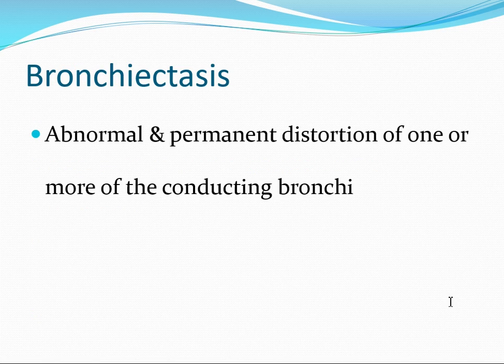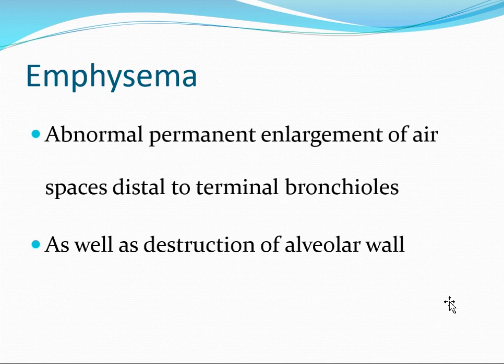Then comes another important disease, that is bronchiectasis, abnormal and permanent distortion of one or more of the conducting bronchi. So this is something which is concerned with the bronchi. Then comes emphysema. Emphysema is the abnormal permanent enlargement of air spaces distal to terminal bronchioles.